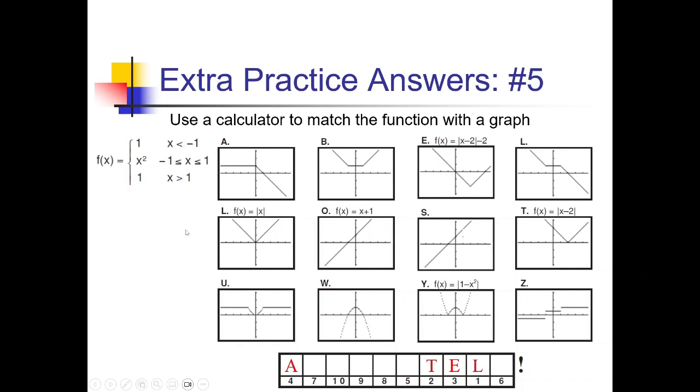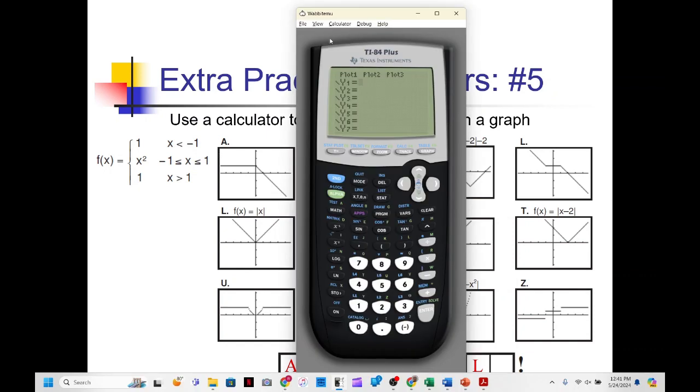For this next one, number 5, I'm going to walk us through doing this one on the grapher because it's a little trickier with this middle inequality that has the two inequalities. So let me go ahead and pull up my grapher. So here we are on the grapher.